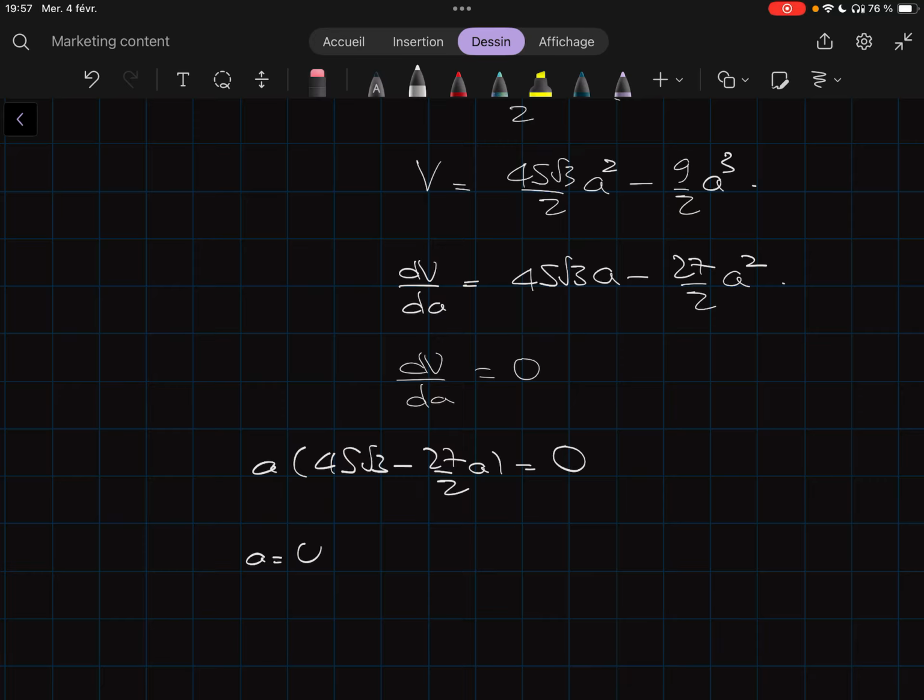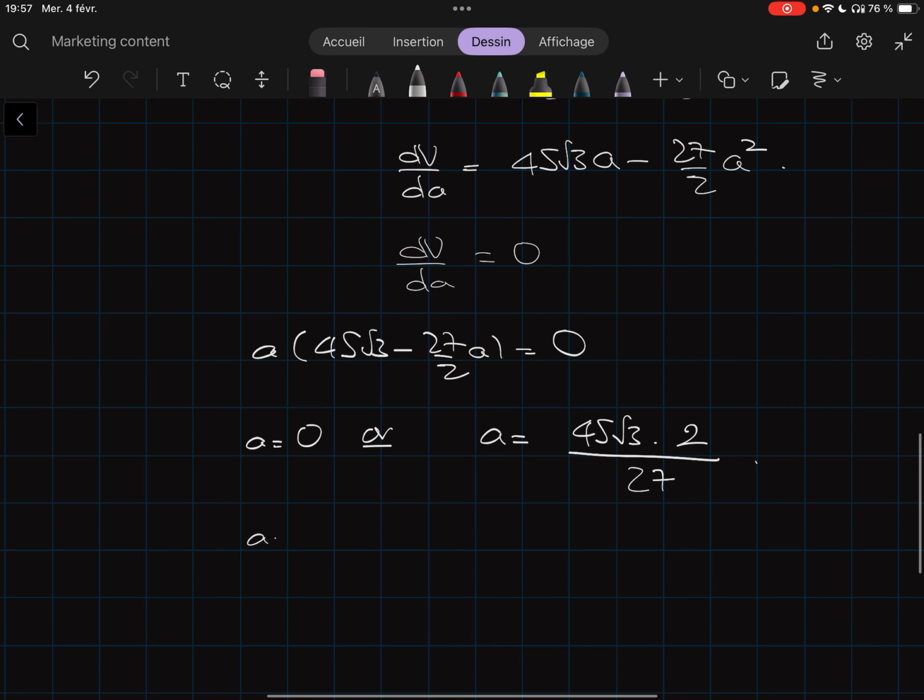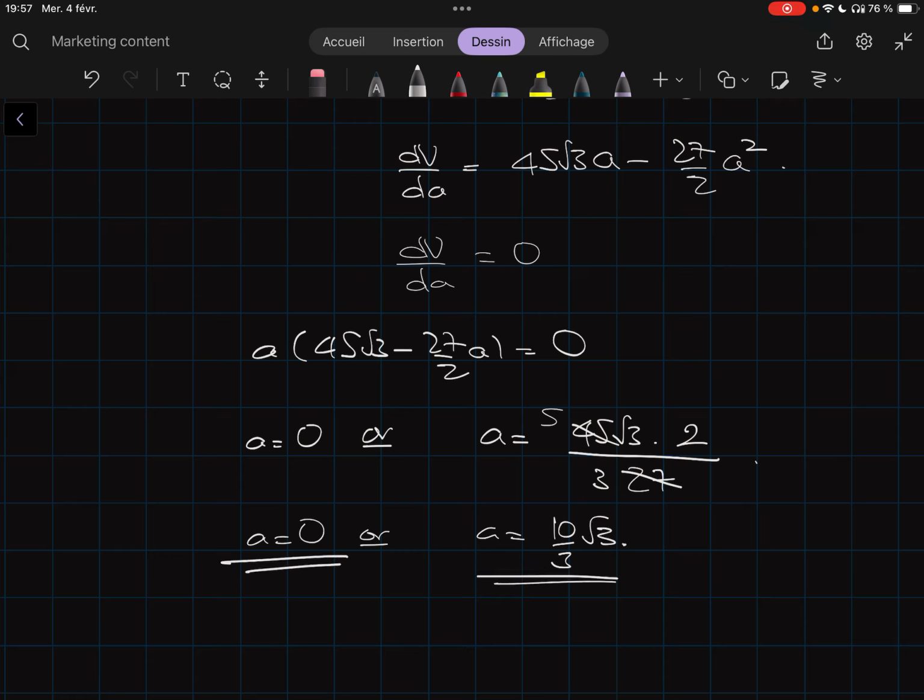A is either equal to 0 or A is equal to 10 by 3 root 3. So those are the two options.